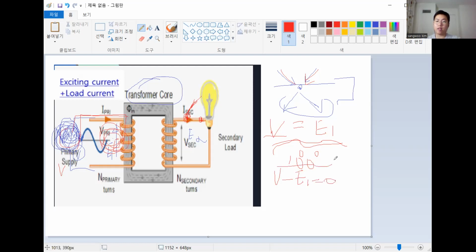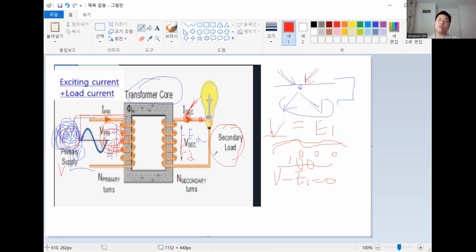That's why I say there's a 180 degree difference. So look at that. What I meant is I'm just thinking simply. I will not explain the mechanism right now. Just try to understand what I'm saying. Okay. So I said E1 and E2 are the same, right? So what I want to say is here, the secondary node.